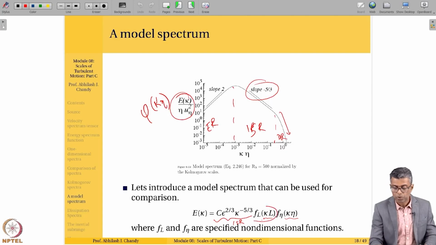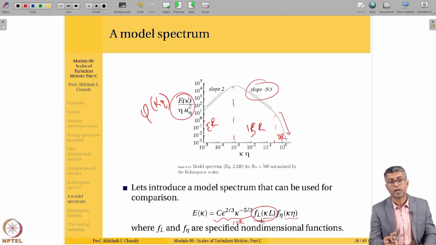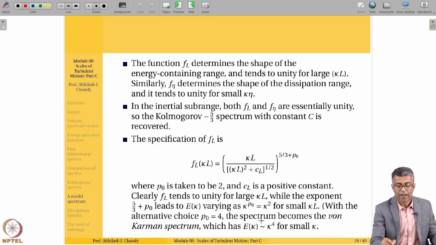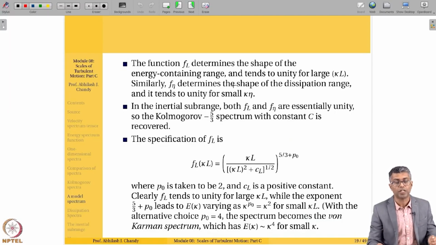So we want this to be 1 as soon as it gets into the inertial subrange. Same goes for F eta, and I'm coming to that as well. We want FL to tend to 1. So that is what we mean by FL tends to unity for large kappa L. And similarly, F eta determines the shape of the dissipation range, and it tends to unity for small kappa eta.